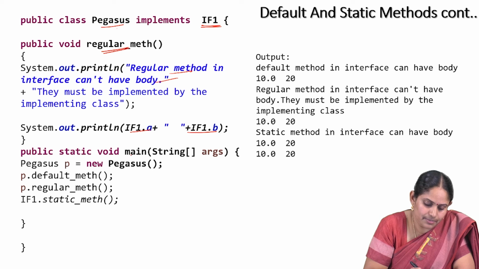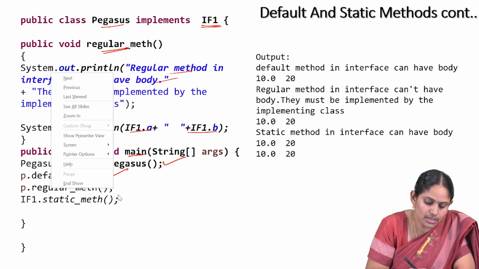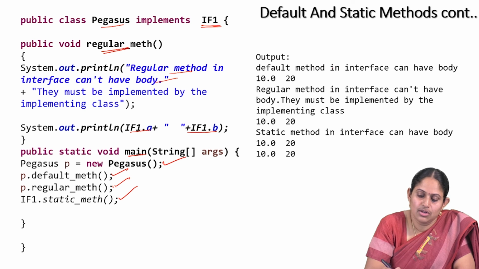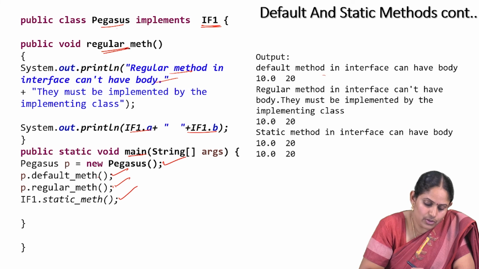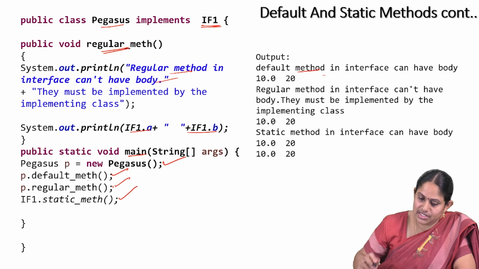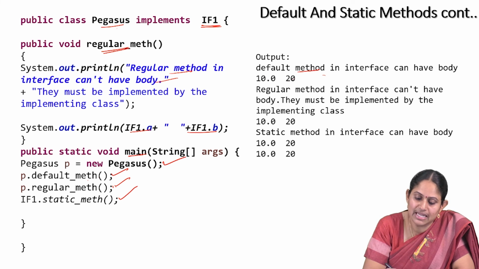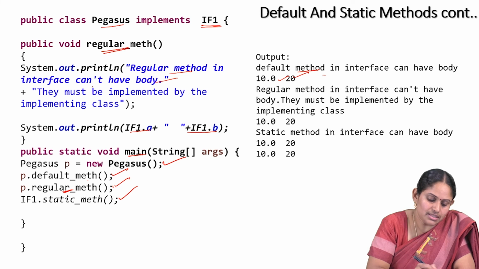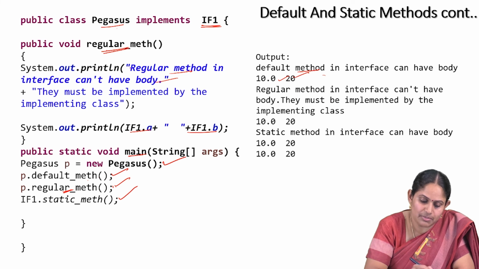Next we have the main method. Inside the main, we are creating the object of that class, and we are invoking all three methods. When you call the default method, the implementation displays the statement and the contents of a and b. Then it invokes the regular method, whose body is displayed along with the values of a and b.